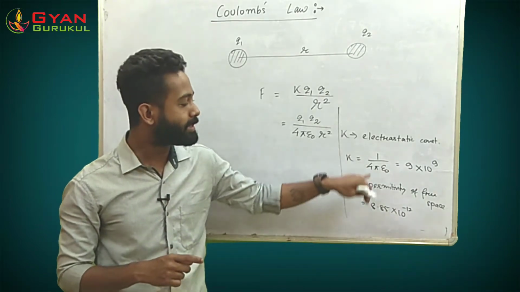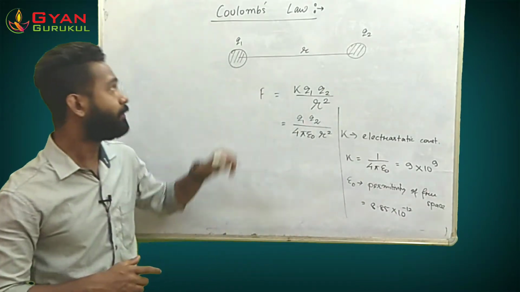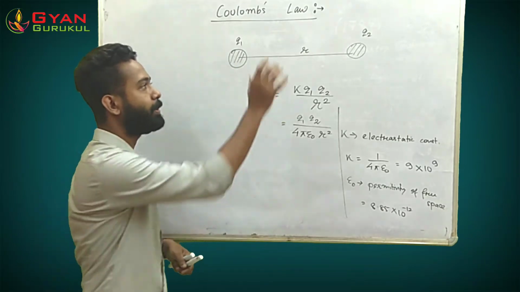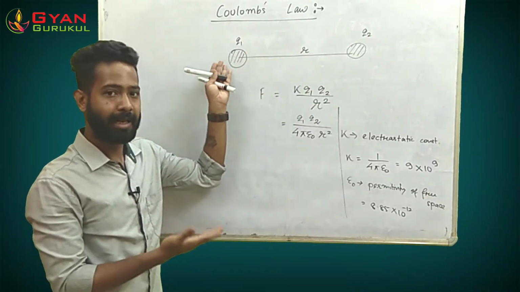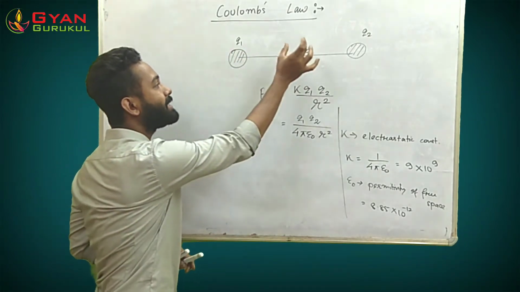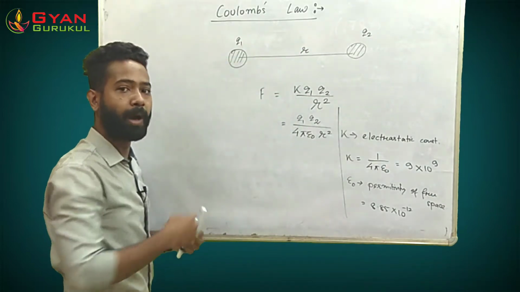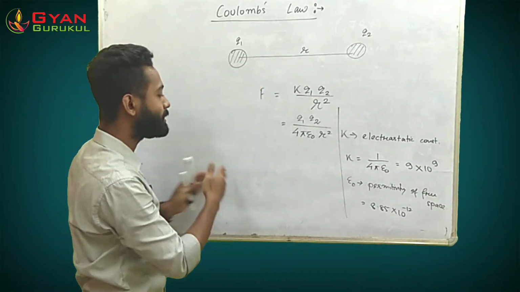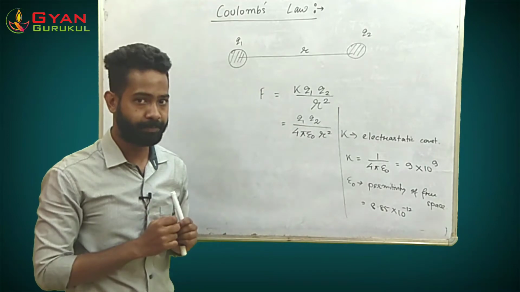To understand the literal meaning of this, let me give you an example. If I keep these two charges with air as the medium, there will be a particular force of attraction or repulsion between them, depending on whether the charges are like or unlike. Now, maintaining the same distance, if I place the same two charges in water, do you think the force would still be the same?